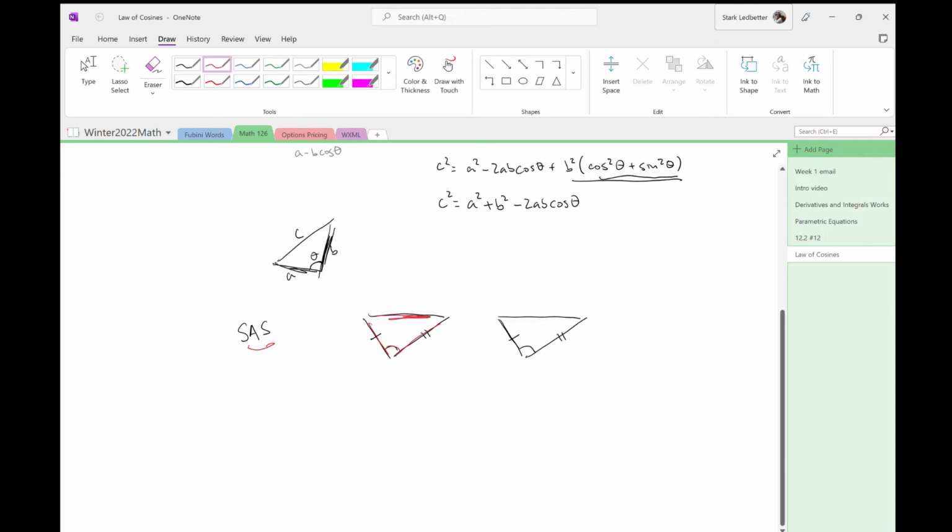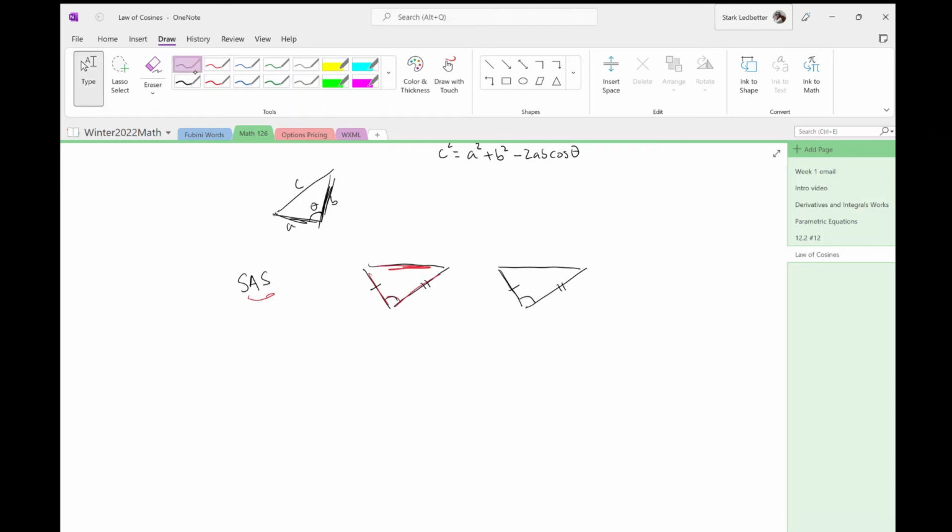And then with law of sines, that's this one. So let me just write that one down too, because if you're rusty on law of cosines, you might be rusty on law of sines.